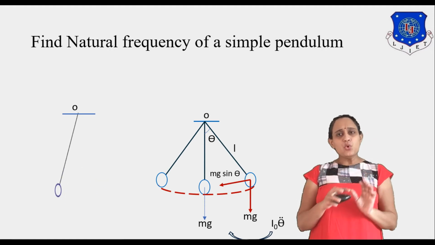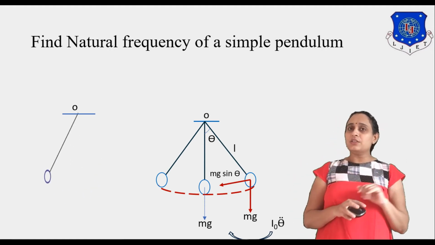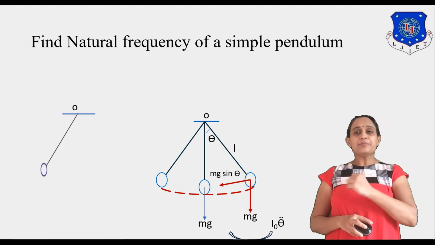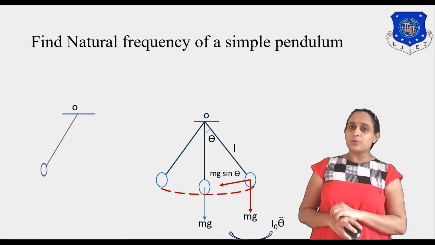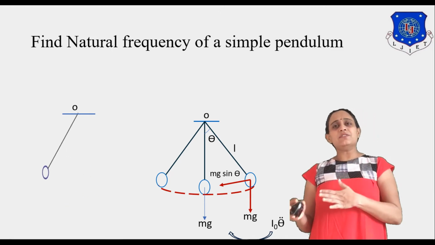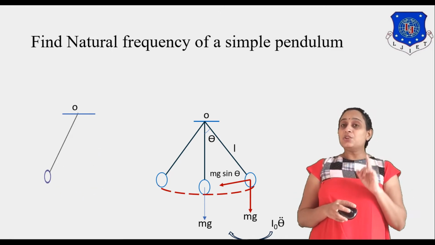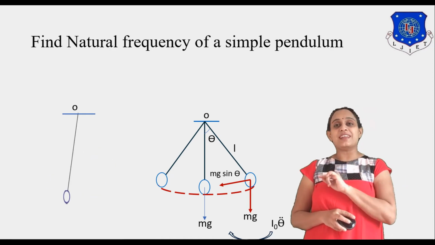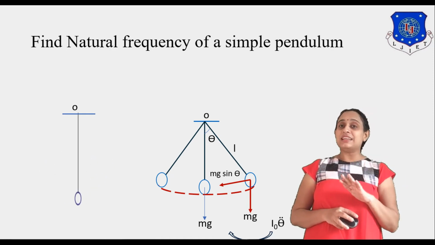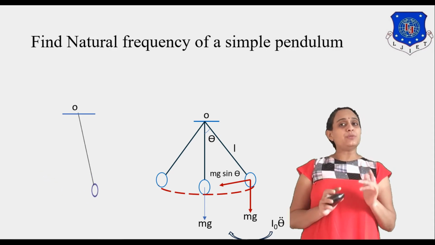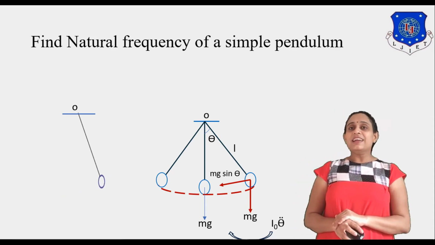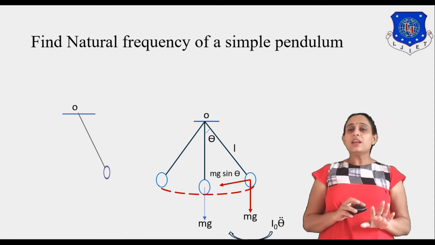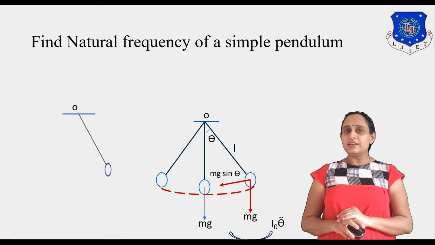If the mass moves and returns, mg sin theta will act in the opposite direction with respect to the motion. And the inertia moment, which is I0 theta double dot, is also in the opposite direction.